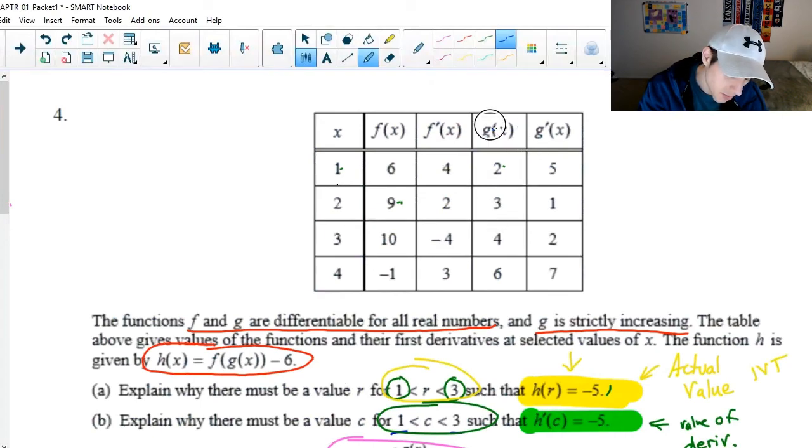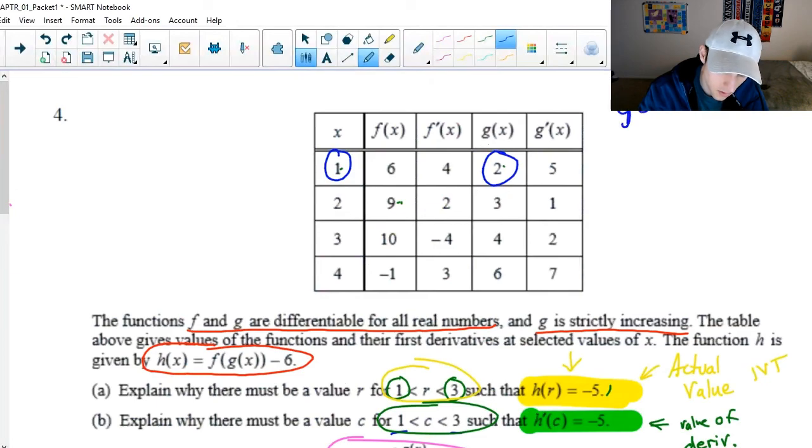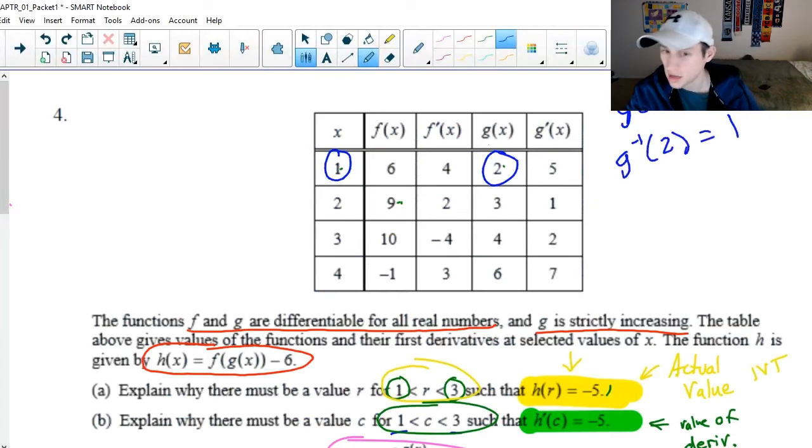So g inverse of 2 basically says, what value do I plug into g that would give me 2 as the answer? Well, I just look over. That would be 1. g of 1 is 2. So g inverse of 2 is 1.